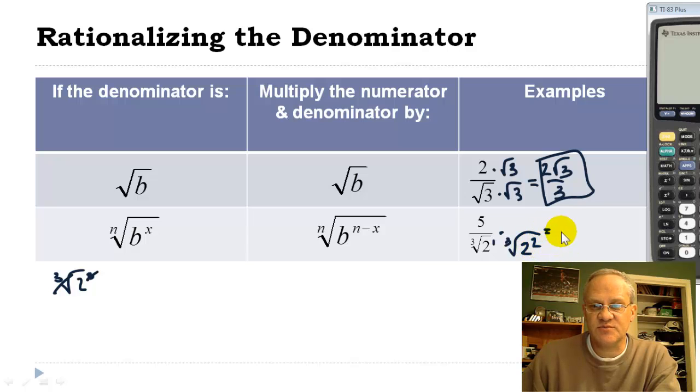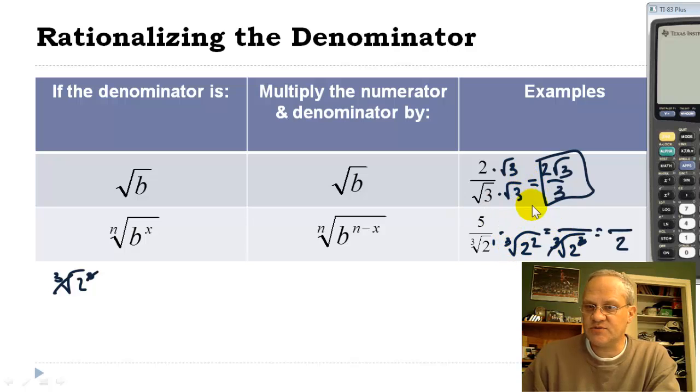So what that really gives me then is the cubed root of 2 to the third power, which, what happens when we do that? The cubed root cancels the third power and leaves me with just 2.